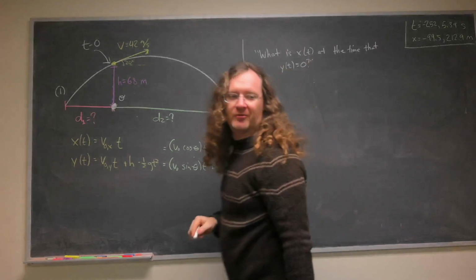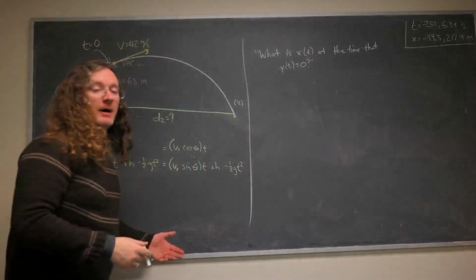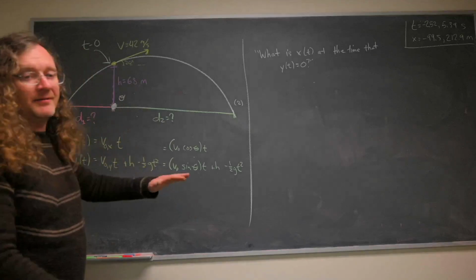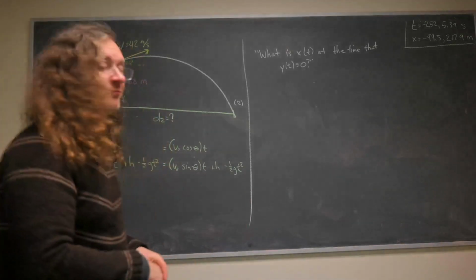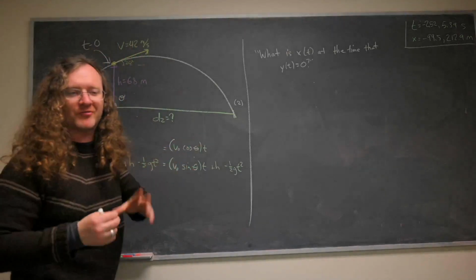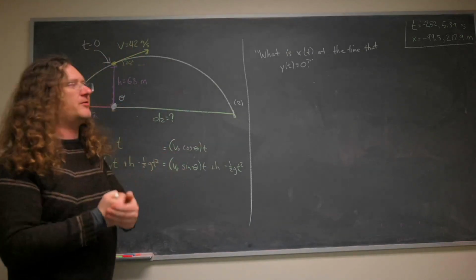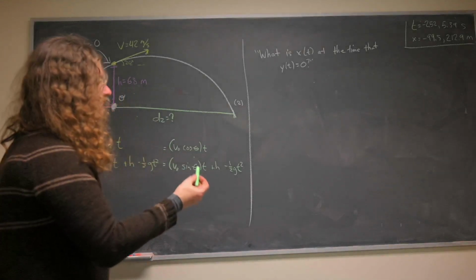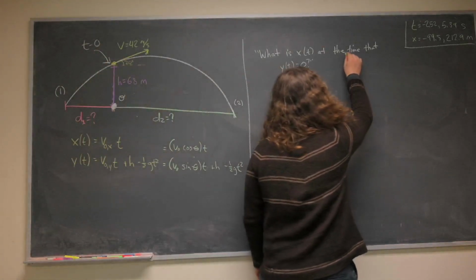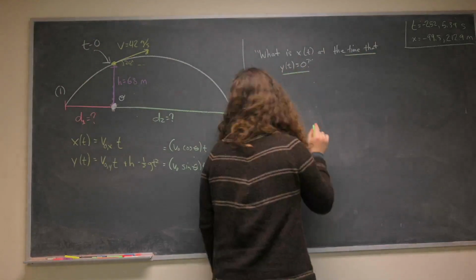This is kind of the standard thing that we often do, but cooked up in a way that both solutions are meaningful and one of them has negative time. So the purpose of this question, of course, is to require us to think critically about what the roots from the quadratic formula mean. So let's find the time that y of t equals 0.